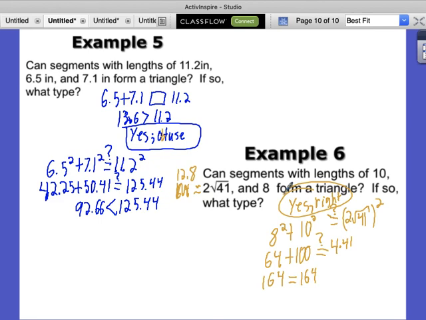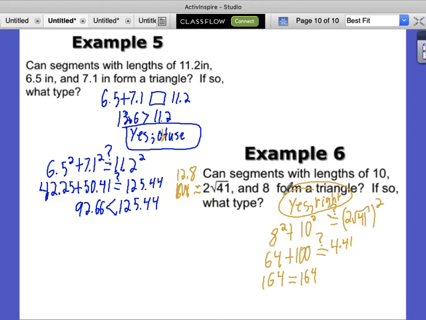Alright. So we had to reorganize that one because we found out 2 square root of 41 is actually the biggest side. But it can still form a triangle because 8 plus 10 is more than 12.8. Okay, it's 18. So then as we went back through and did the converse of the Pythagorean theorem, we basically just put it in the Pythagorean theorem to check.